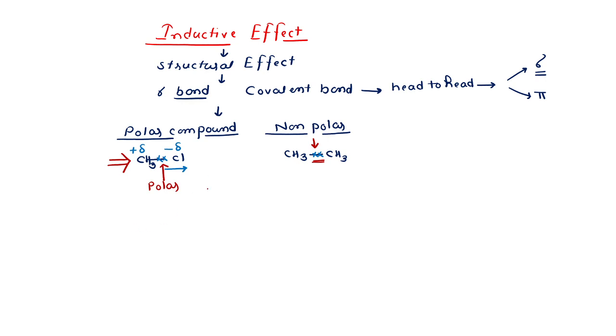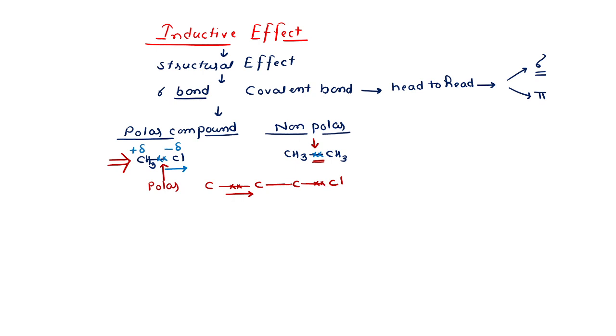Now, this creation of the polarity is due to shifting of electron density. If one atom, two atoms are there, it shifts in this way, but if there are more atoms and an electronegative atom is there, consider this will shift up to this.